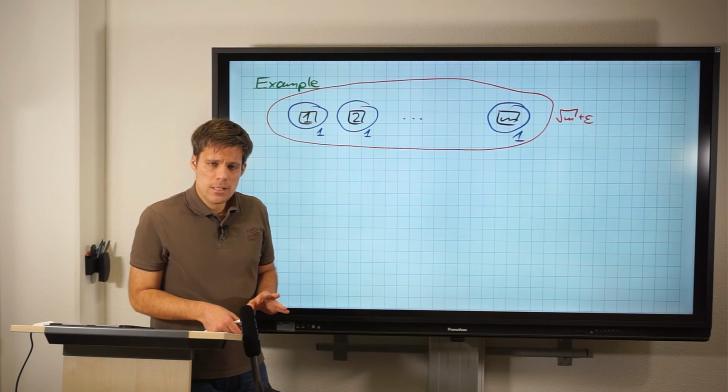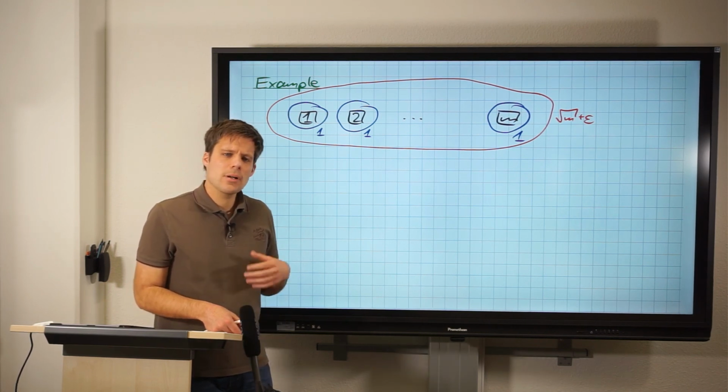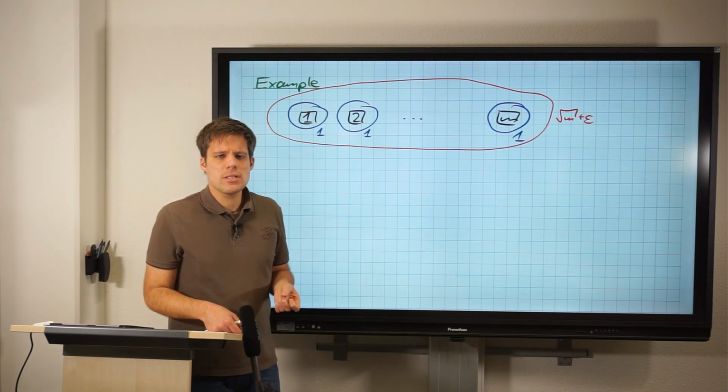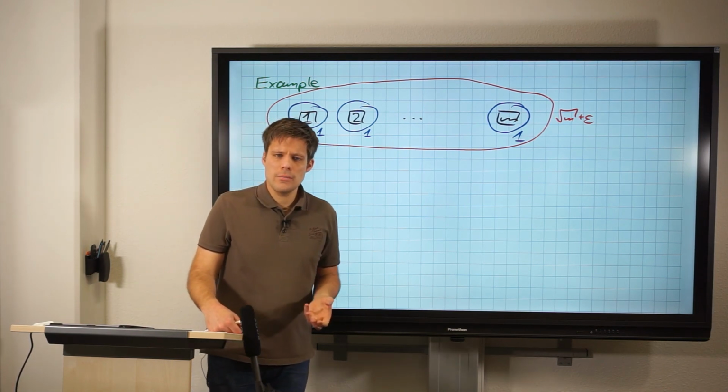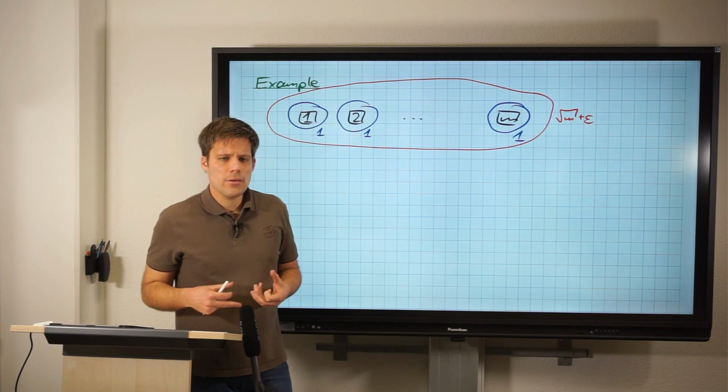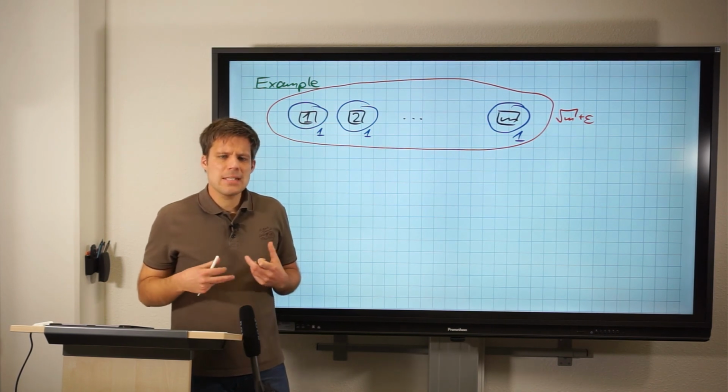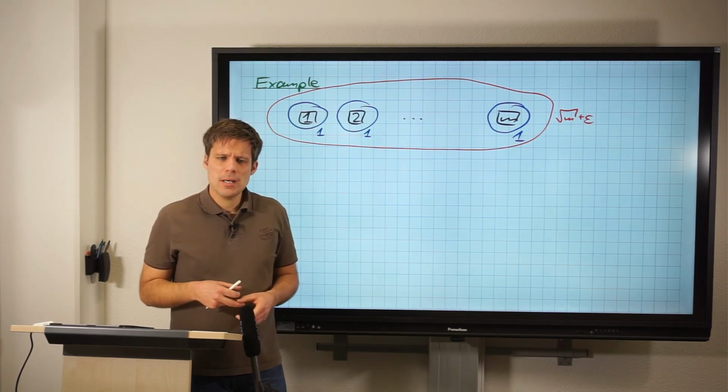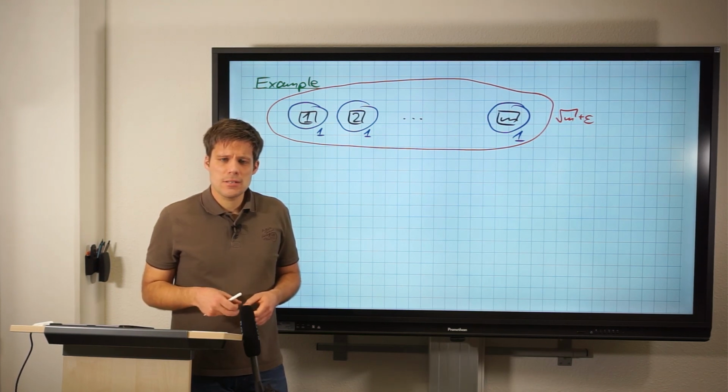So as you see, there are settings in which truthfulness more or less comes for free. You just design an algorithm and you want to design the algorithm at least keeping monotonicity in mind, but that's about what you need to take into consideration.